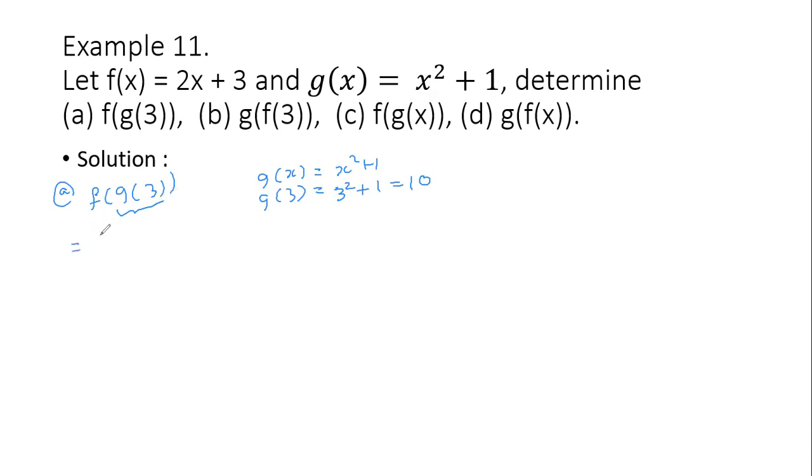Therefore, in place of g of 3, we can write 10. Then f of 10, we are given f of x equal to 2x plus 3. Therefore, f of 10 equals 2 times 10 plus 3, 20 plus 3 is 23.